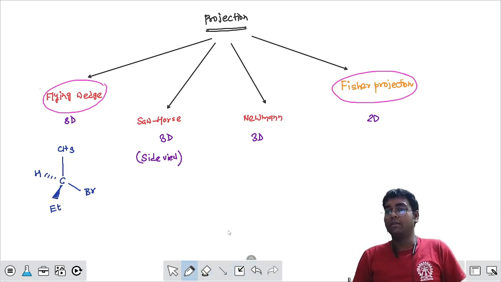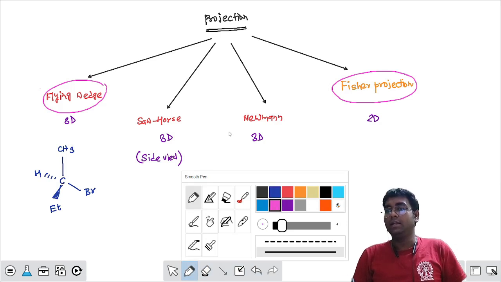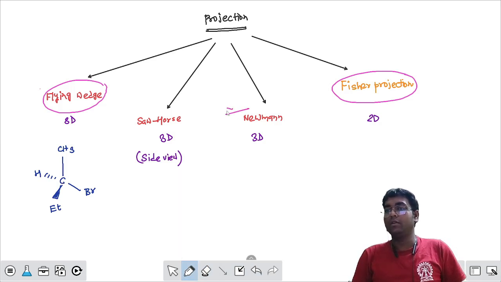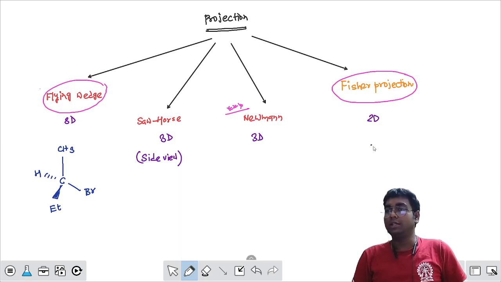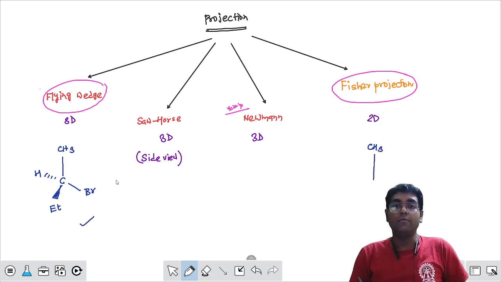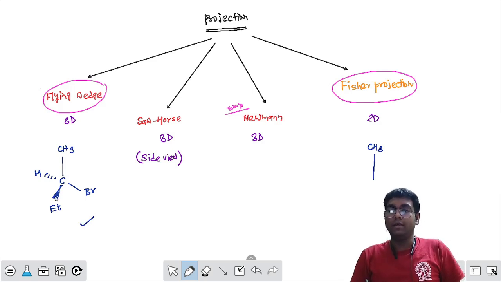Now let's understand what is this. Newman we will talk about later on, in the later discussion. We are mainly focused on flying wedge and Fischer projection and somewhat about the sawhorse one. So in the Fischer projection, this projection will look like this one. So we have to represent this flying wedge into a two-dimensional paper, because we can see that if we are considering above the plane and below the plane, then it must be a 3D projection. So we have to convert it in a 2D way.